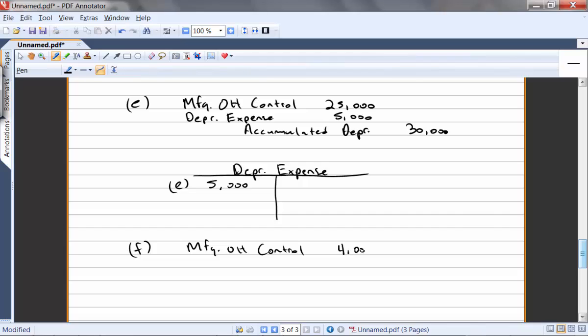So we debit manufacturing overhead control for $4,000. We debit, we can call it insurance expense, for $800, and then we credit prepaid insurance. Once the time has elapsed, then the prepaid insurance asset expires, and to make an asset go down, we've got to credit it.